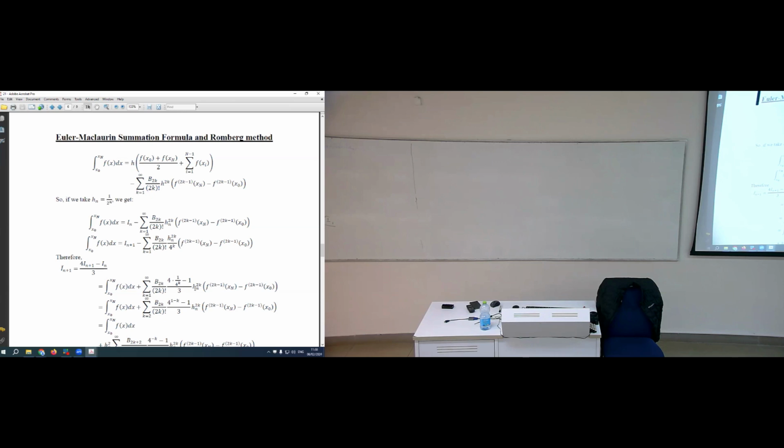But now the first term of this correction is 0 because I canceled it. I took 4 multiplied by this minus this in order for h squared to be cancelled out. So for k equals 1, this is 0, and my error starts with k equals 2, which is h to the 4th.